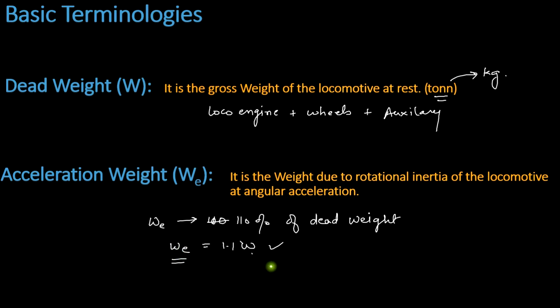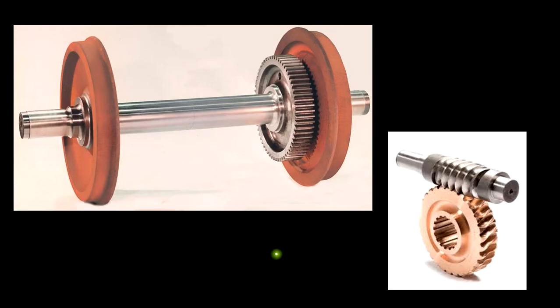But before going on to the calculation, we should see the mechanics behind the locomotive. The picture shows the mechanics of a wheel drive of a locomotive. Here this is the wheel of the locomotive, which is attached to the shaft.